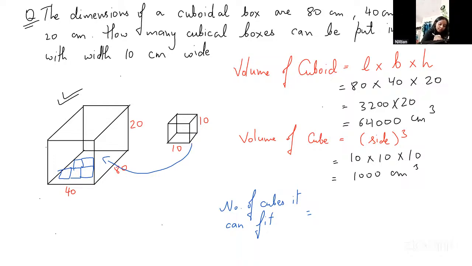Now we will divide it. Divide the cuboid by the cube. So 64000 divided by 1000. Cancel, cancel. How much we will get? We will get 64 cubes.